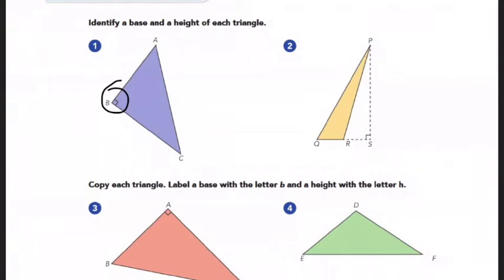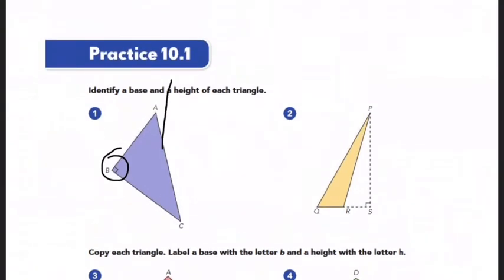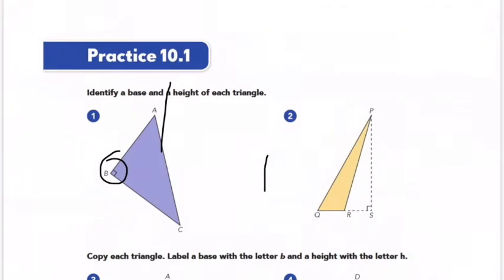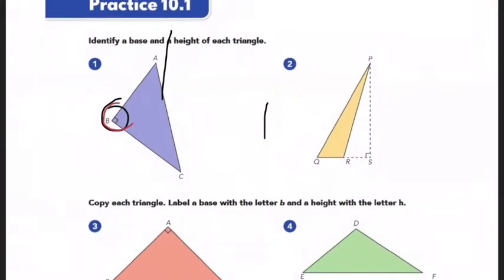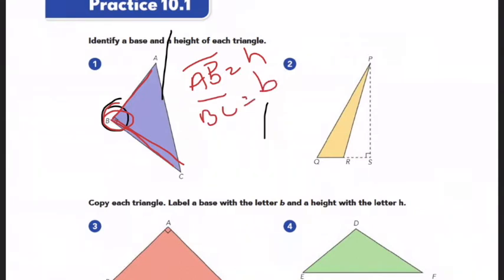Since the right angle is right here, this could be the base, this could be the height, or vice versa. It doesn't really matter. So I would say line segment AB equals the base or height. It really doesn't matter. And line segment BC equals the base or the height. It doesn't matter. Okay, try number 2, 3, and 4, and then pause it, and then come back.